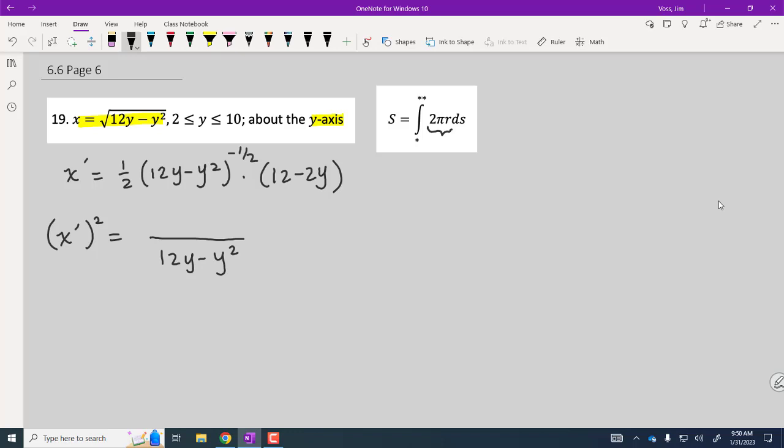Before I square the other stuff, one thing I notice is that a 2 goes into 2 once, and we can divide that 2 into the numerator right there. So we can simplify that to 6 minus y. And now we're going to square the 6 minus y. Let's just write it as (6 minus y) squared for the moment. So that'll be the derivative squared.